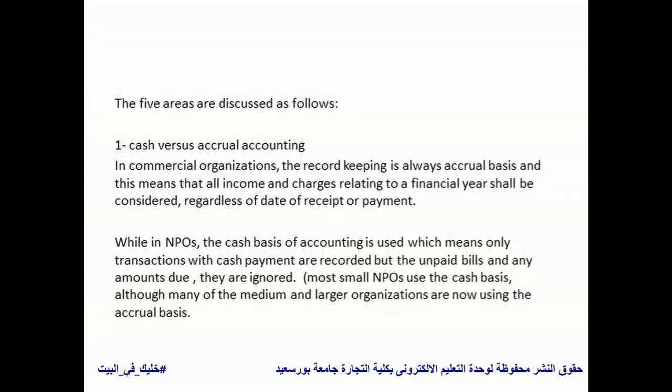The cash basis means that we must take into consideration only the cash payments, while any unpaid bills are ignored. Then he differentiates between the small NPOs and the large and medium NPOs. The small non-for-profit organizations use the cash basis accounting, while many of the medium and large organizations are using the accrual basis.